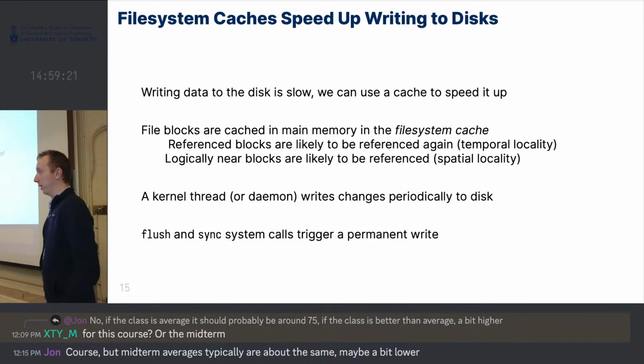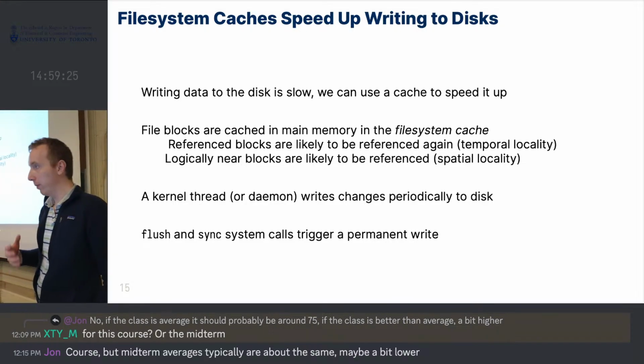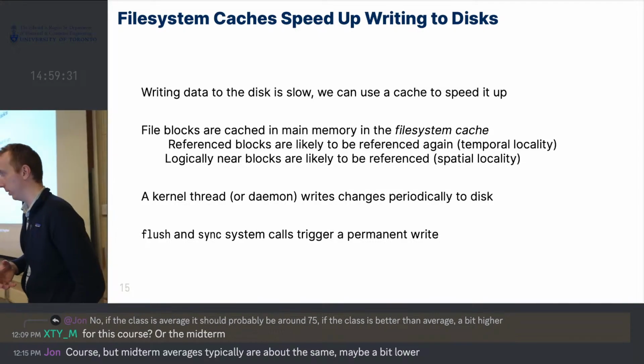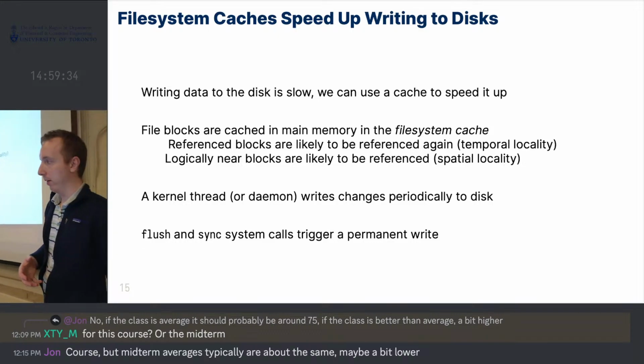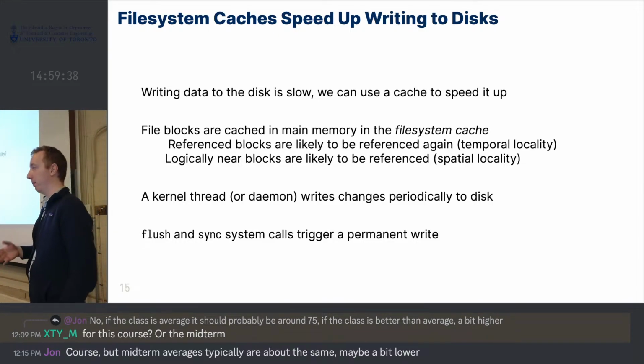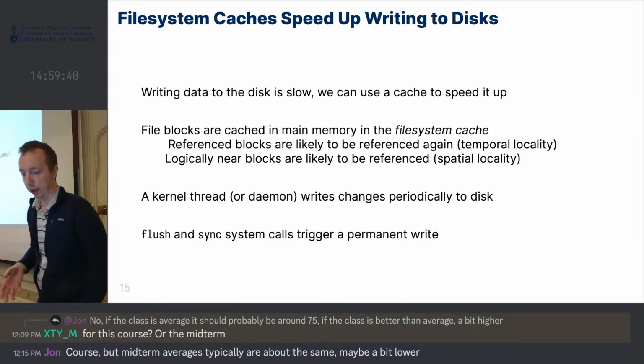So what your kernel could do also is whenever you modify a file, it could just write it to memory and not the disk and try and fool you into thinking it went really, really fast. And there can be a kernel thread that actually does the writing to disk in the background when it's otherwise not doing anything.